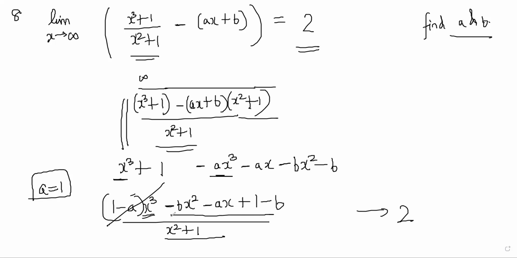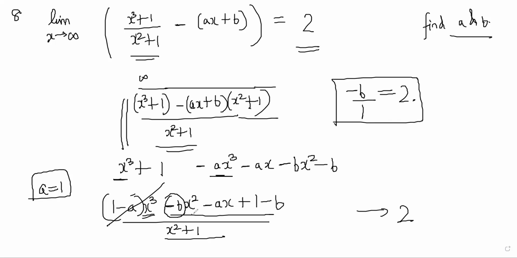So minus b by 1 should be 2, the ratio of the highest degree terms, right? That b should be minus 2, then only you will get the limit 2. So this is an application of the same principle that we are learning.